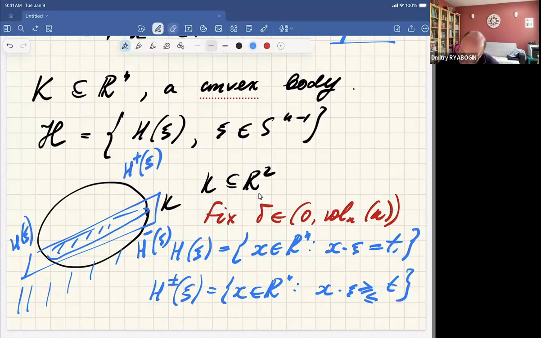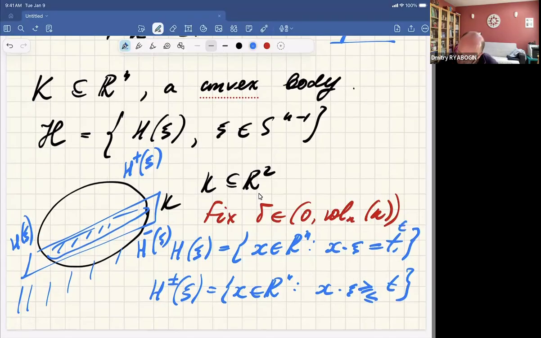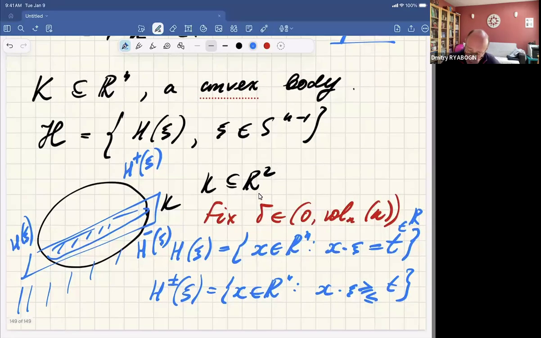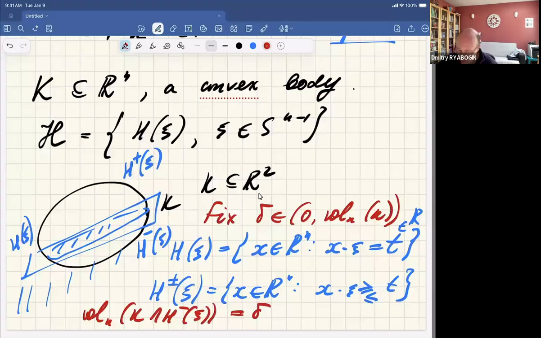Here t is in R. Okay, very good. And so my condition will be that we always assume that the volume of the portion of the body underwater is this fixed delta we started with, independent of anything.